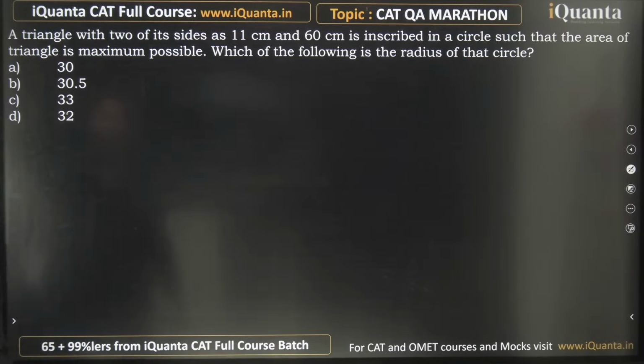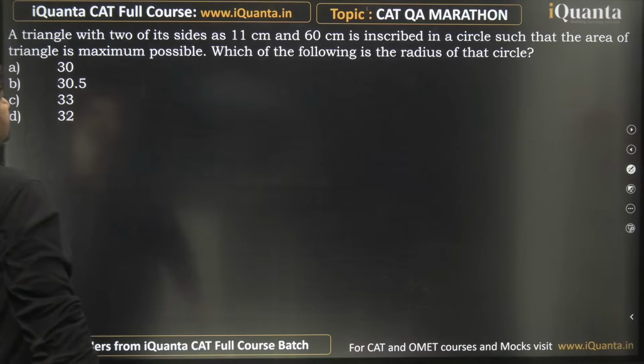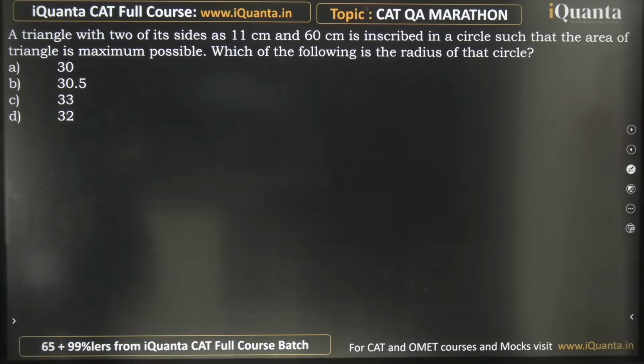Two sides are 11 and 60 and inscribed in a circle so the area is maximum possible. Which of the following is the area of the circle? The area is maximum possible. कब हो सकता है? This is basically dependent on what?